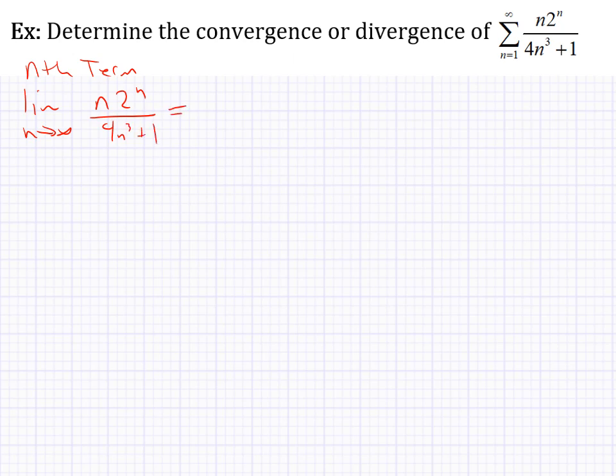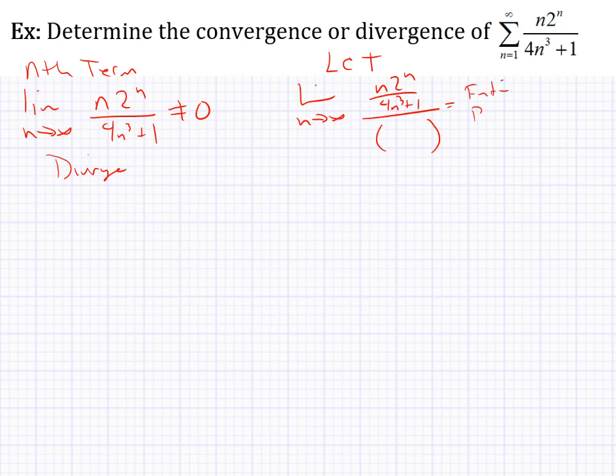And as long as that doesn't equal 0, then I can say diverge. Whereas the limit comparison test says I'm going to do the limit as n goes to infinity of the series divided by some other series, and I want to get a finite positive value out of that. But let's look at this one first.